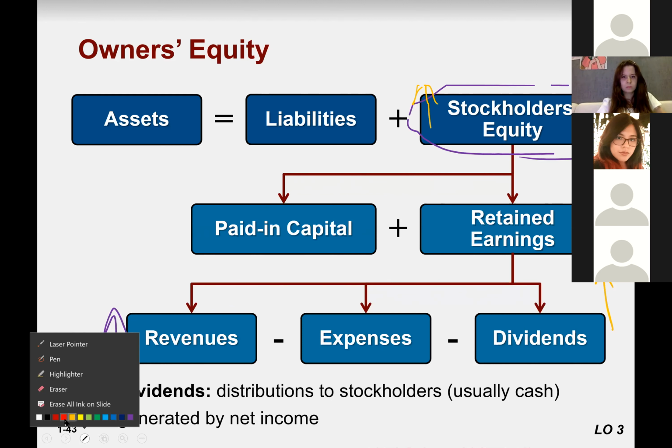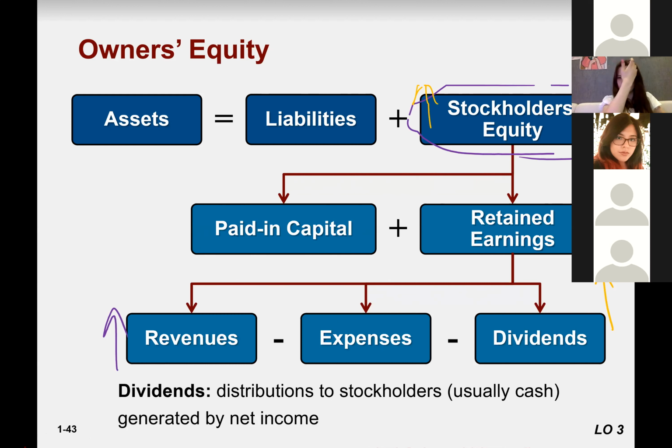Here we go. What if expenses increases? What happened to the retained earning? Increase or decrease? Decrease. Well done. When retained earning decreases, it causes stockholder equity to decrease. Chain reaction, right?